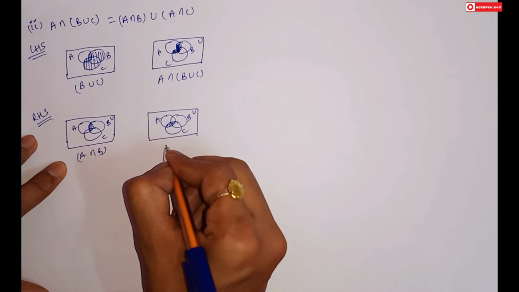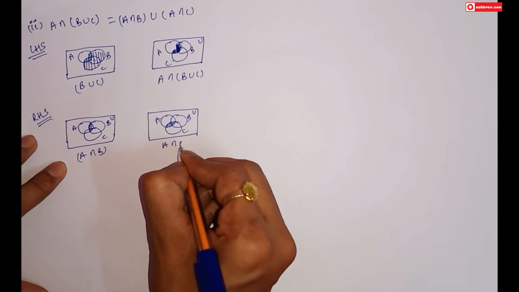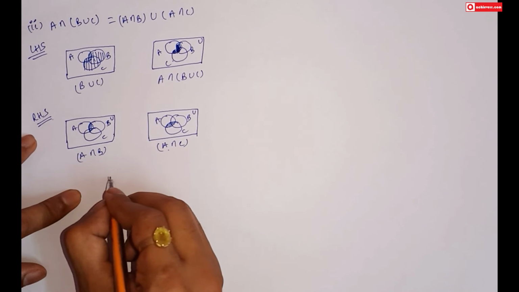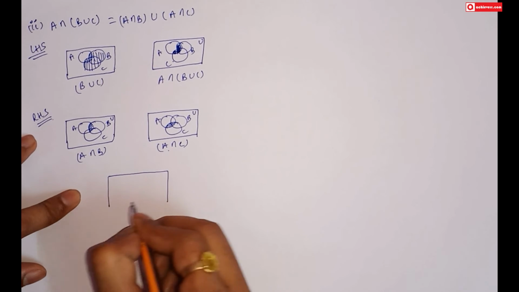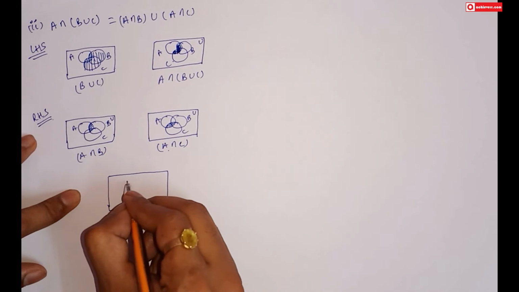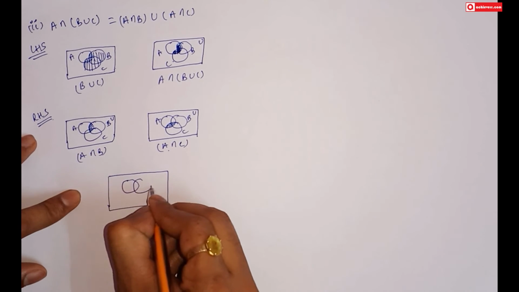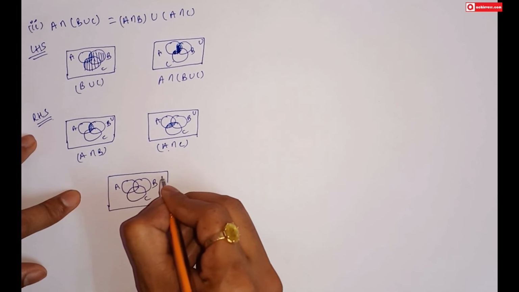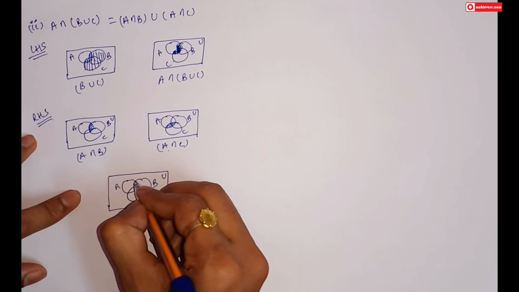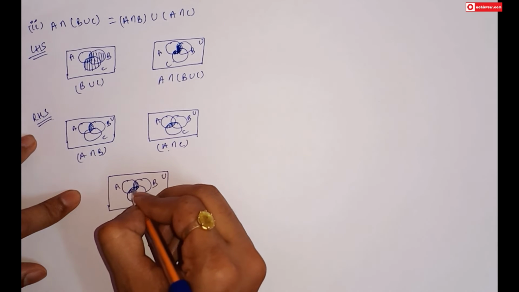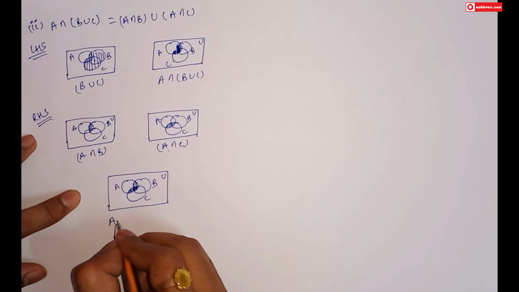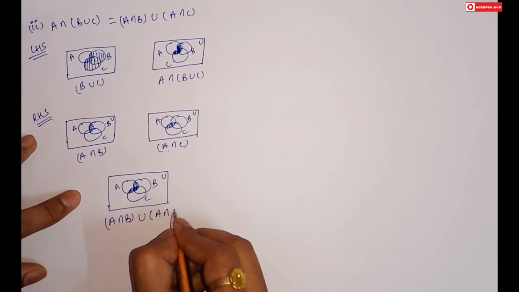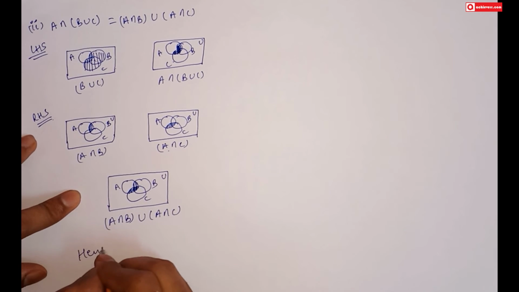This one. And what is (A intersection B) union (A intersection C)? So it will include both the parts. That is this one and this one. So this is (A intersection B) union (A intersection C), hence proved.